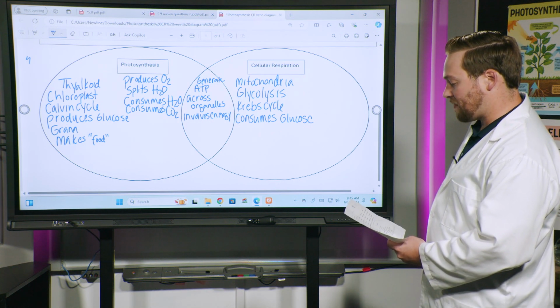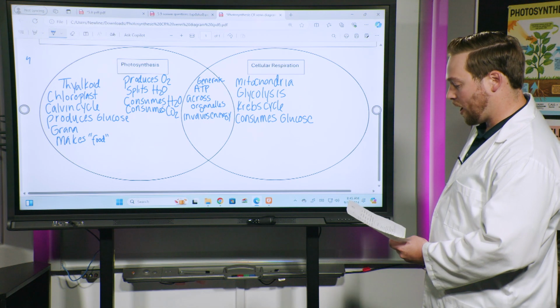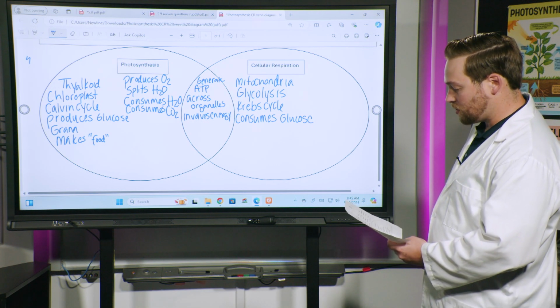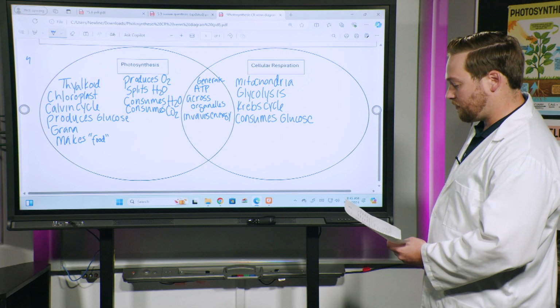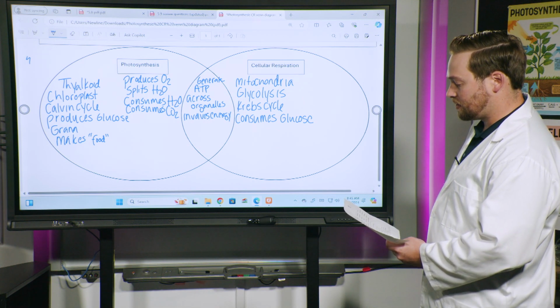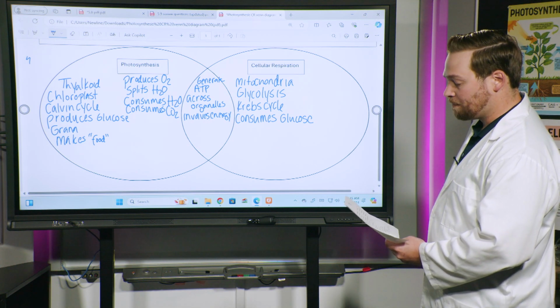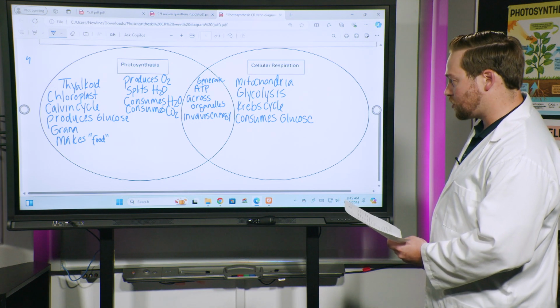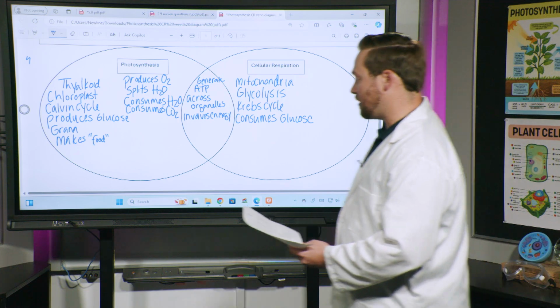The next one, I have a chemical equation. The equation is 6CO2 plus 6H2O yields C6H12O6 plus 6O2. So this one is saying carbon dioxide and water come together to make glucose and oxygen. Which one is that? That should be the photosynthesis.